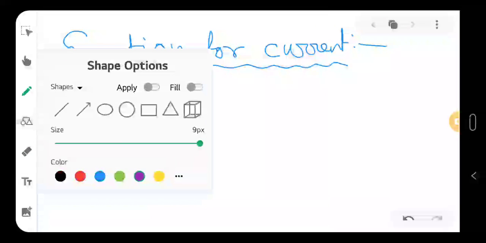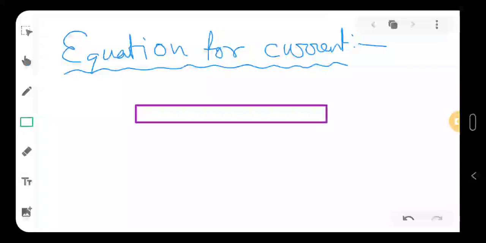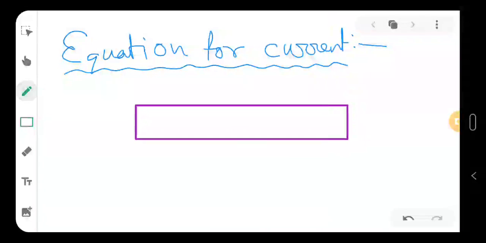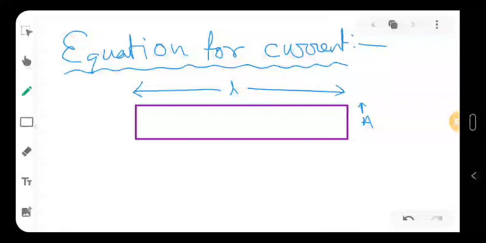For these derivations I am taking a conductor like this. This is a piece of conductor, let's say, having length L and the cross-sectional area is A. Now let's say in this conductor there are some free electrons.